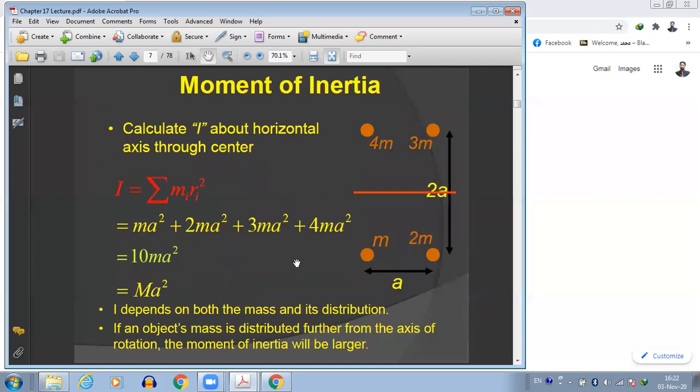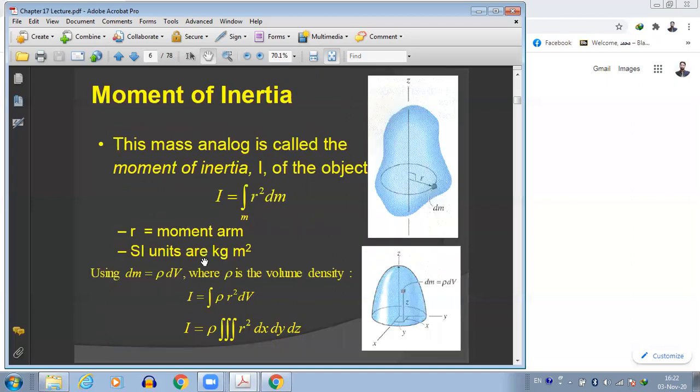Now let's study something about the moment of inertia. Let's take an example. We can write it in the differential or integral format as I equals integral of r squared dm.